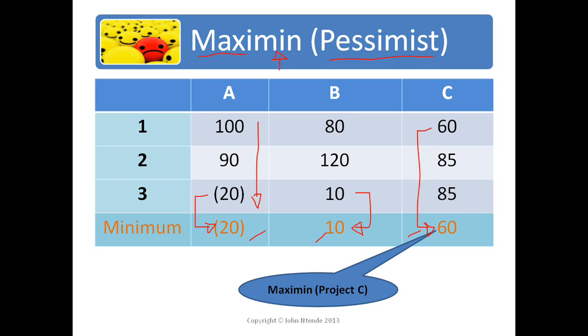What is it? It is the best of the worst. When is it used? It's used in conditions of uncertainty. And what's the risk attitude? This person is risk averse or is a pessimist. So simply that's what Maximin is.